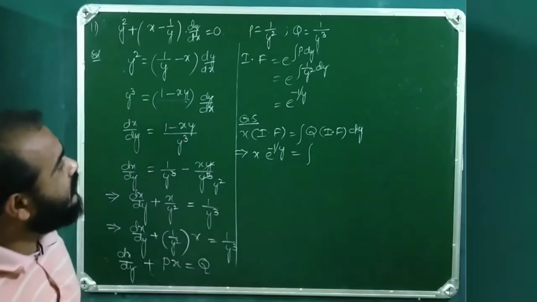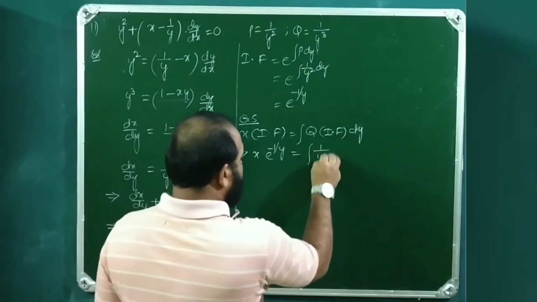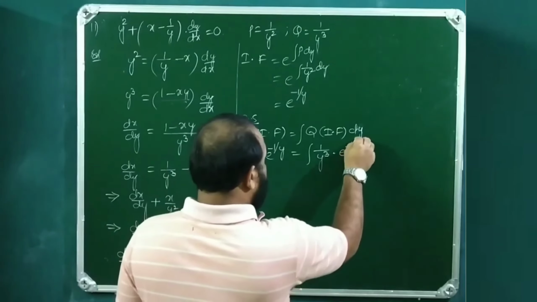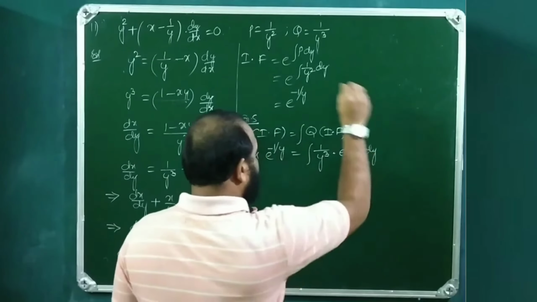So the general solution, starting with x, is x into integrating factor equals integral q into integrating factor dy. So x into e power minus 1 by y equals integral of 1 by y cube into e power minus 1 by y dy.